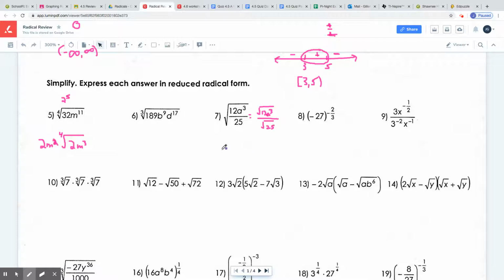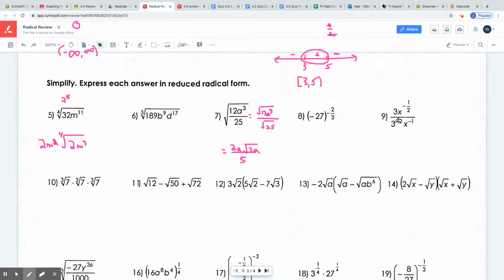Fortunately, the square root of 25 is just 5, so I don't need to rationalize here. 12 is 4 times 3, so a 2 goes on the outside, and there's a 3 left on the inside. It's 2 root 3. A cubed, we can bring out a, since 2 goes into 3 one time with a remainder of 1. So the answer is 2a times the square root of 3a, all over 5.